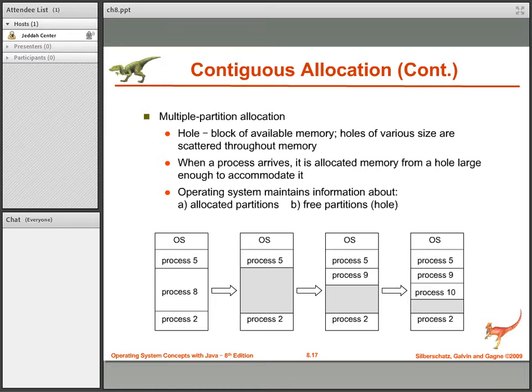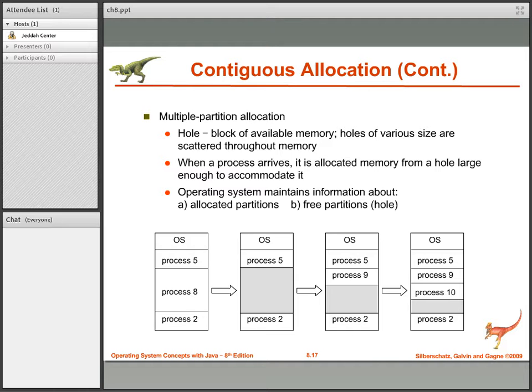And because the areas occupied by these various processes differ, there could be holes of various sizes scattered throughout the main memory, resulting from this continuous movement of the processes.